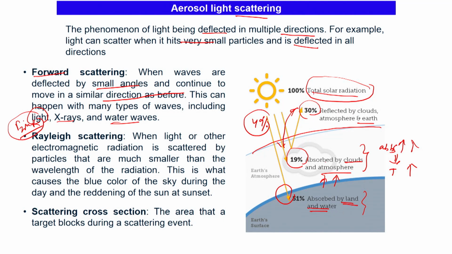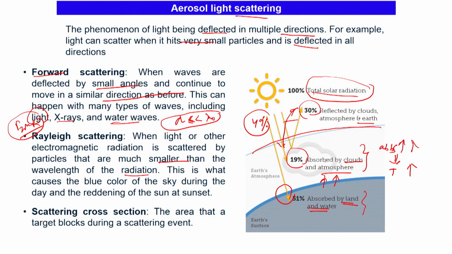Apart from this, there is Rayleigh scattering, when light or other electromagnetic radiation is scattered by particles that are much smaller than the wavelength of the radiation. So the diameter of the particles is much smaller than the incoming wavelength.